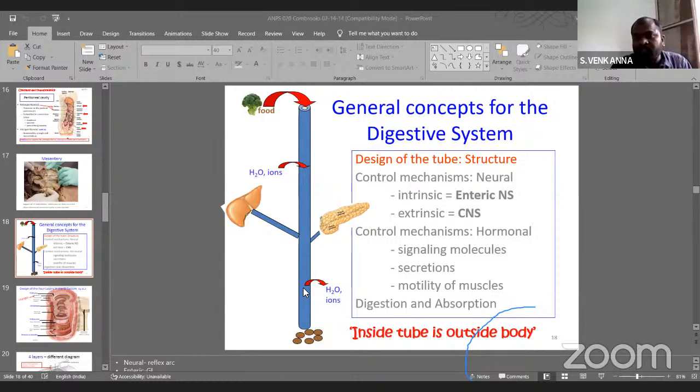Then in the next process comes the loss of water and ions, the complete absorption methods. So the signal molecules, secretion, motility of muscles, and digestion and absorption. This is a simple concept for understanding the digestive system mechanisms. Next slide, see this one.